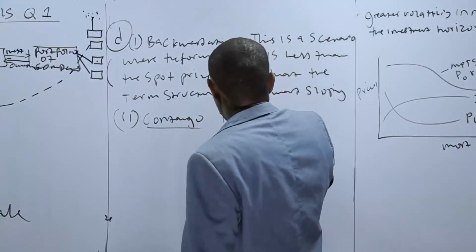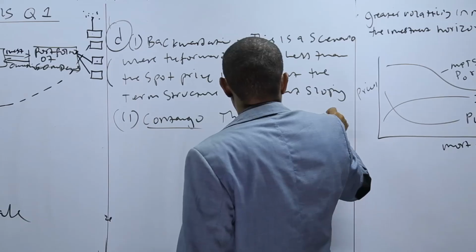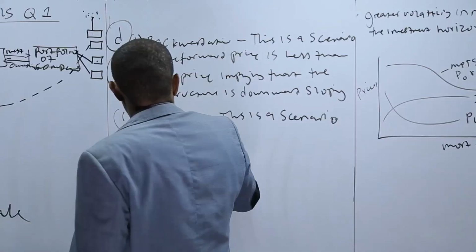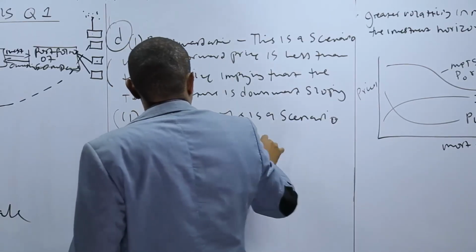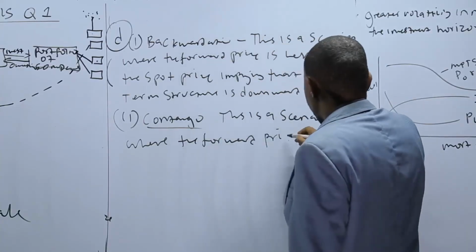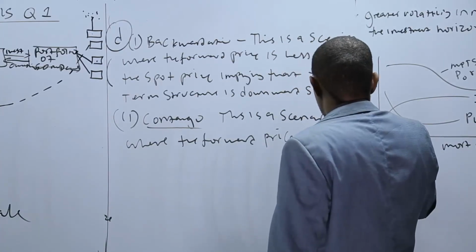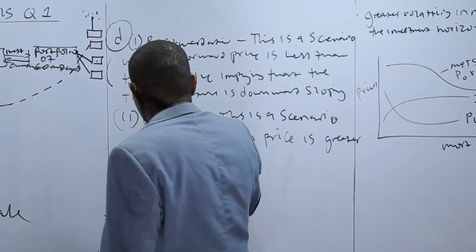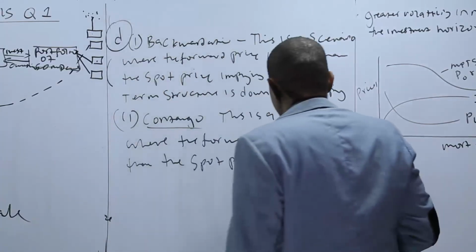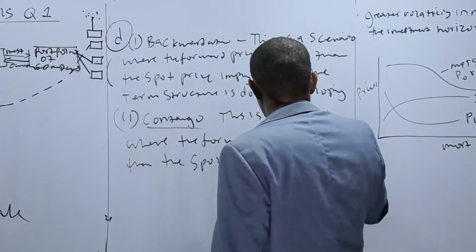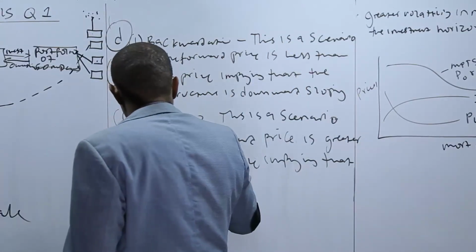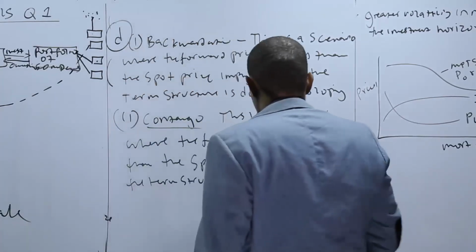We say that this is a scenario where the forward price is greater than the spot price, implying that the term structure is upward sloping.